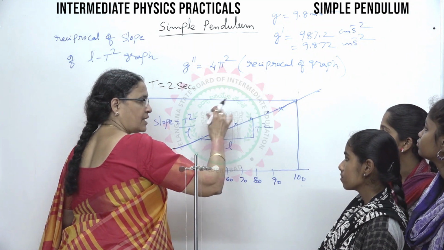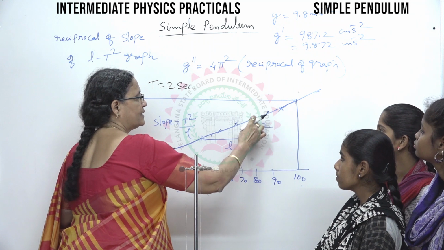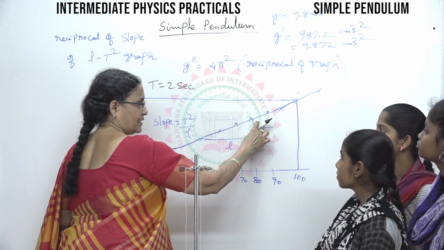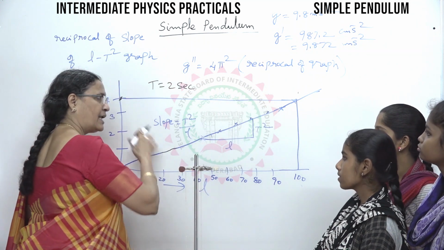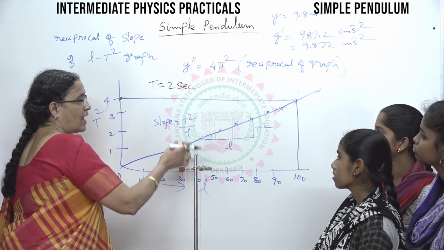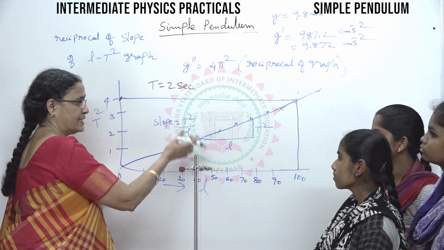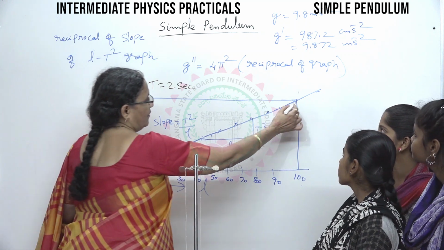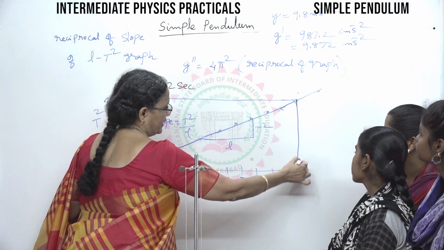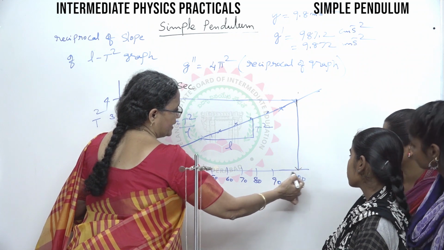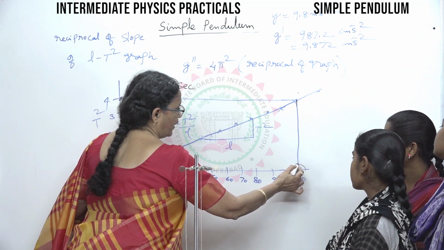That straight line can meet the graph at any point. Extend it so as to meet the graph drawn between L and T square at one point. From there, drop a perpendicular. It meets the x-axis at one point.